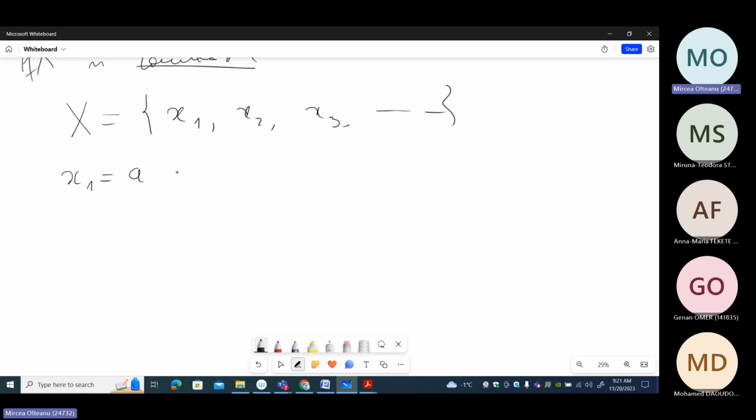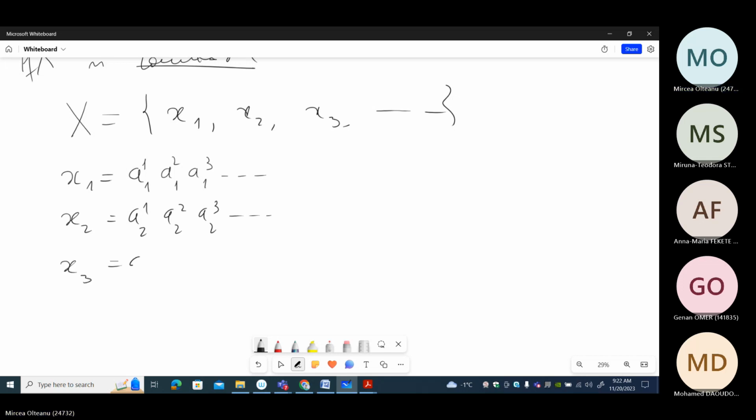I shall write in this way. I shall put here below the index, which means we are talking about X1, and above I shall put the index which shows us the position. For instance, A1,2 means it is the second symbol in X1, and so on. X2, similarly, is A21, A22, A23, and so on.